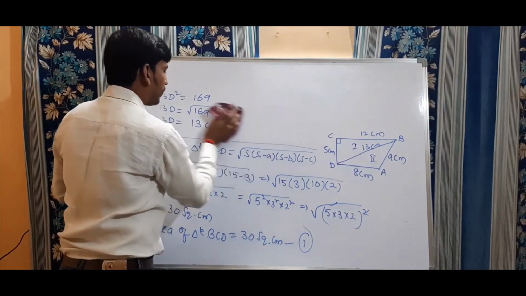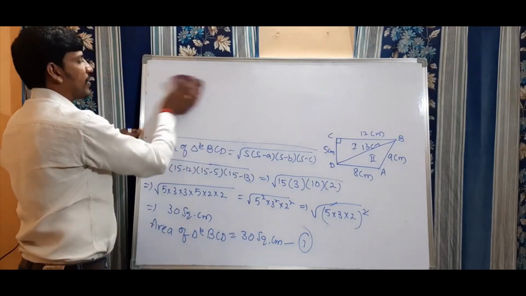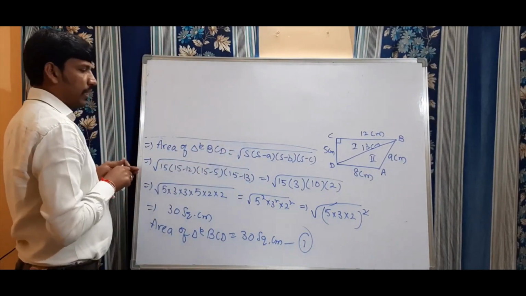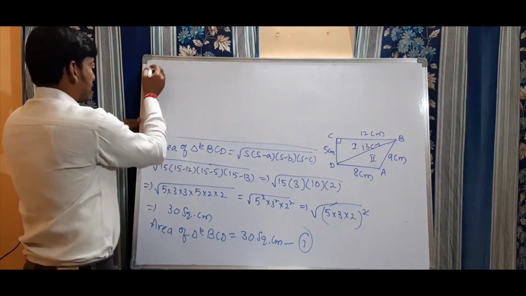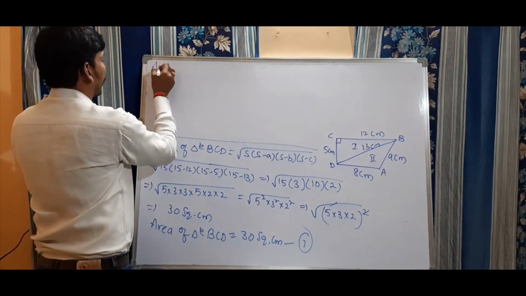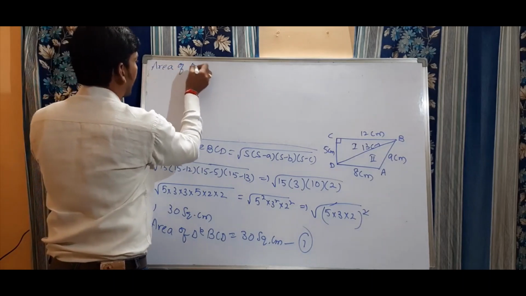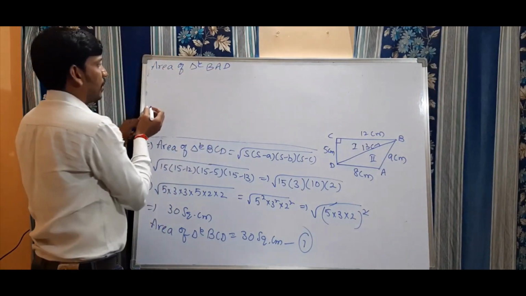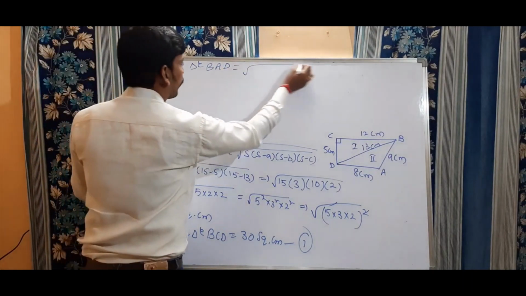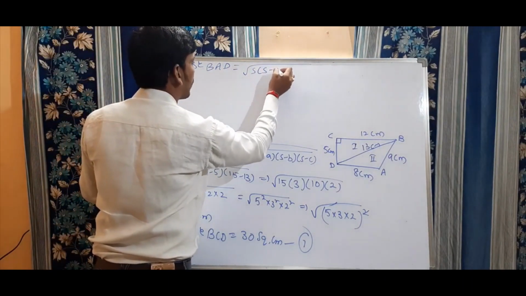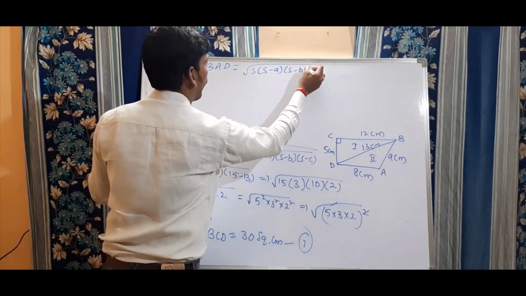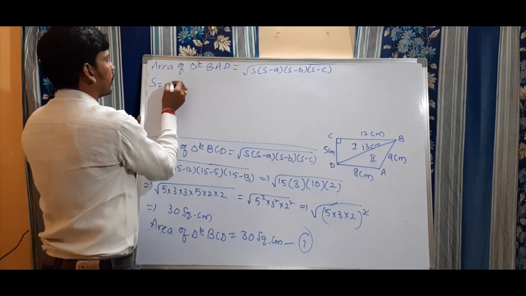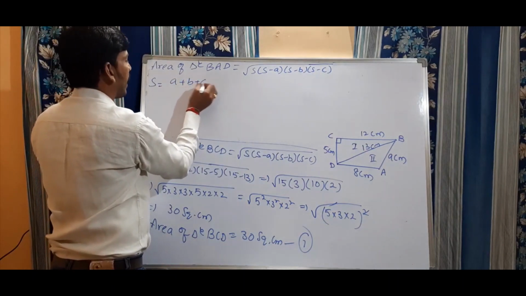So to find the area of the triangle BAD, again we need to find the S value, by using Heron's formula. If you want to use Heron's formula, you must find S. Now area of triangle BAD is under root of the same formula, S into S minus A into S minus B into S minus C. So S is equal to A plus B plus C by 2.